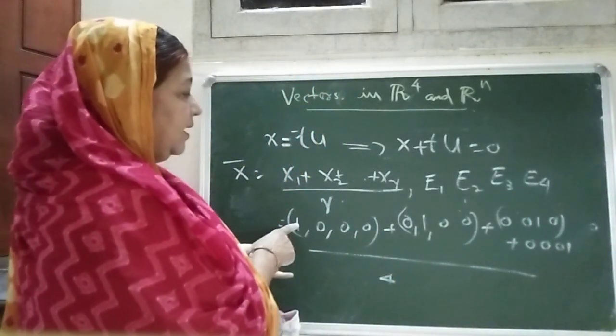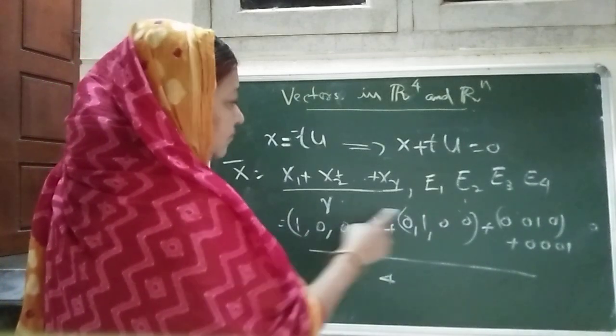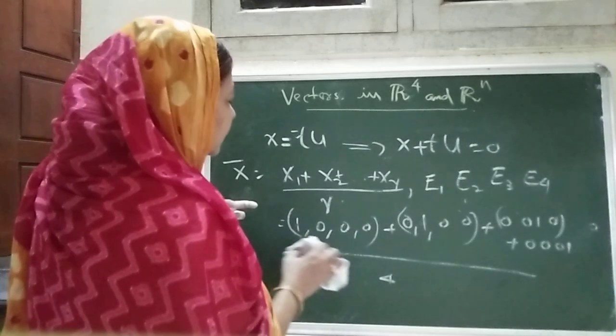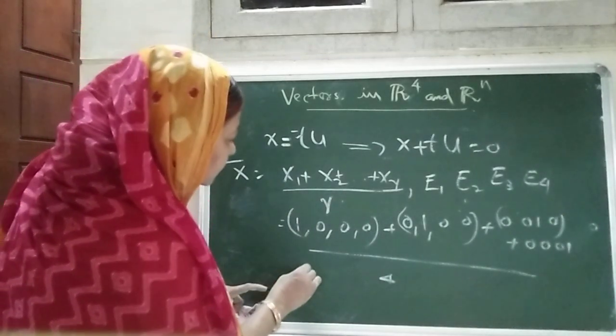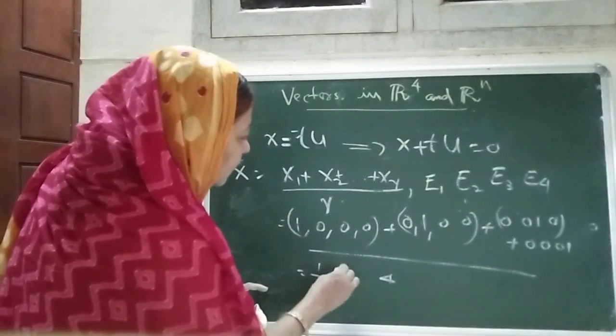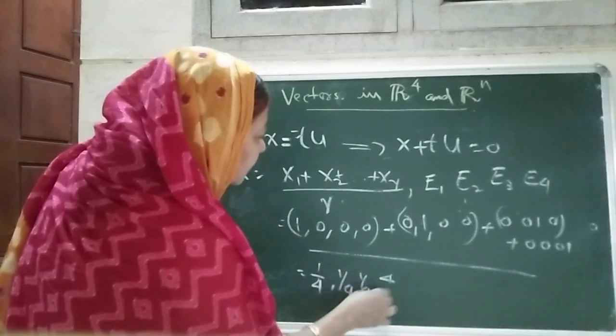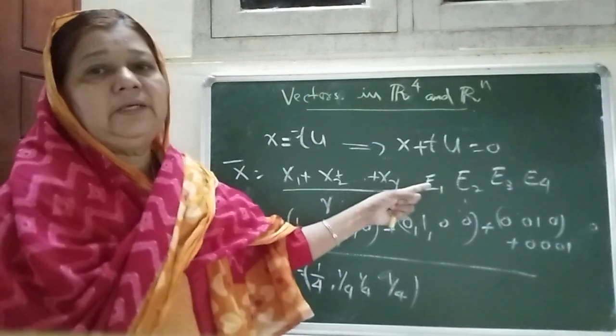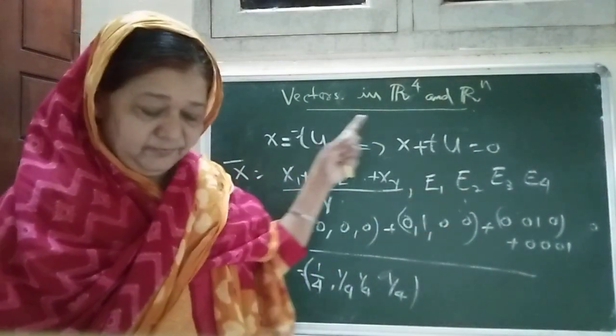That is 1 1 1 1 by 4. Therefore, centroid equal to 1 by 4, 1 by 4, 1 by 4, 1 by 4. That is the centroid of this e1, e2, e3, e4.